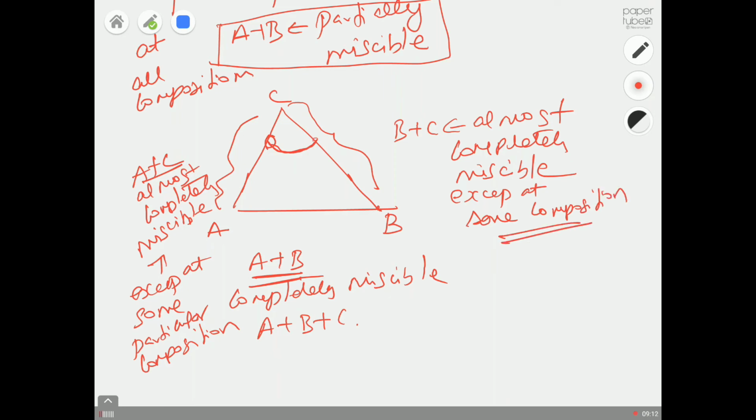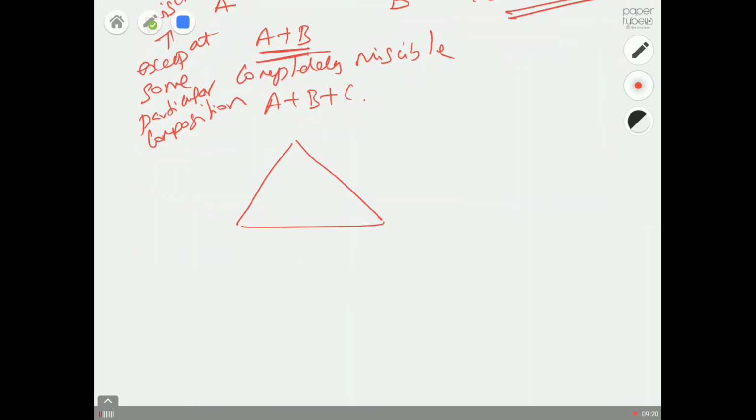So except at some points, B plus C is completely miscible. That's how we interpret that data. I can draw one more diagram. These are not hypothetical images. This type of system really exists in the world. So CAB, you might get something like that.